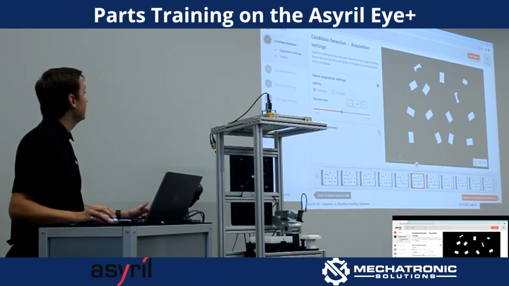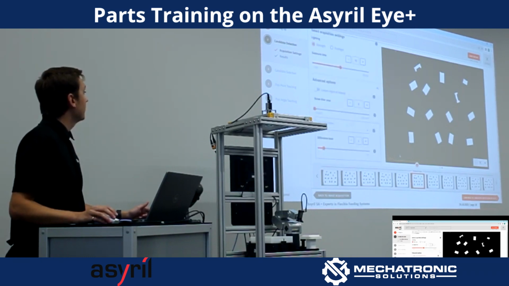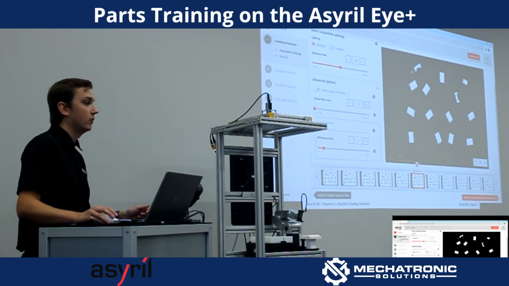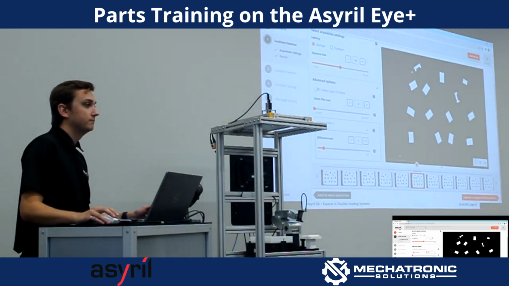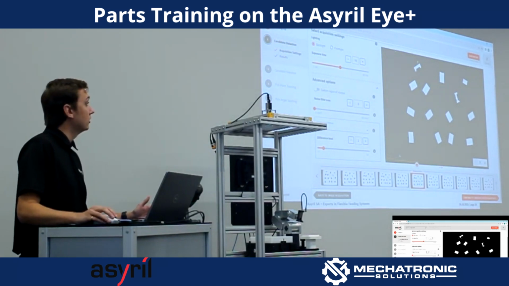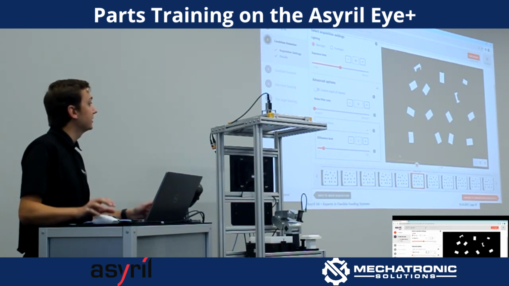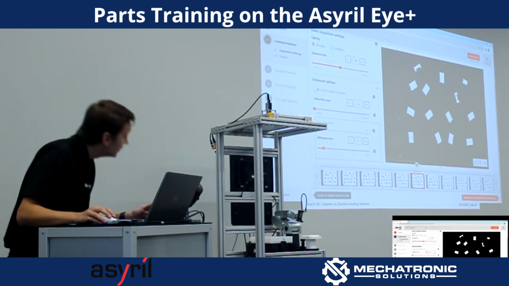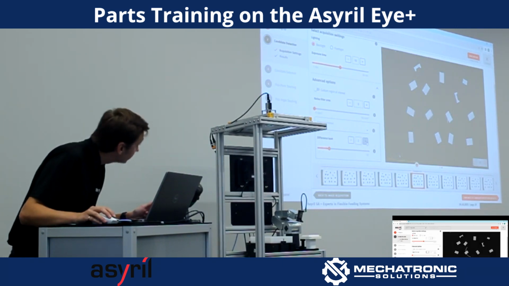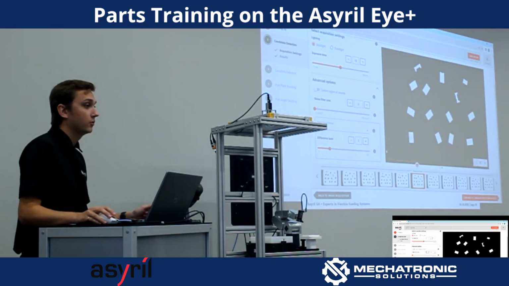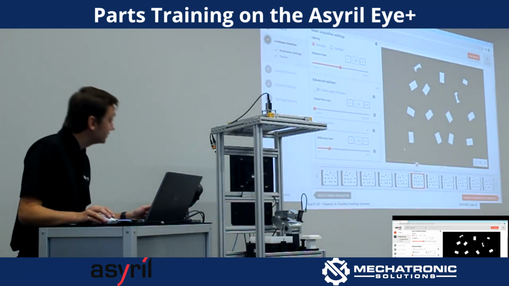So in the advanced options, we've got our segmentation method here. Essentially what this does is it looks at the pixels around all of the other pixels. So it'll go through and look at the difference between the surrounding pixels, and that's how it's going to determine a part. So if we increase this difference level here, it'll essentially increase that threshold that we're looking for and get rid of some of that noise here.